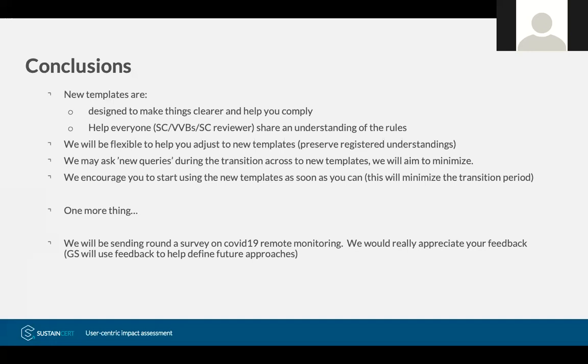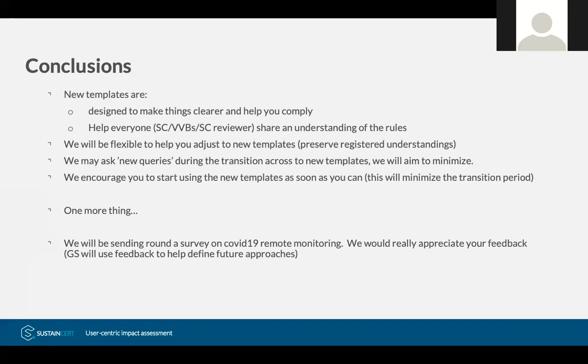One of the key points as well is that we will be flexible to help you adjust to the new templates and preserve registered understandings, as long as integrity is not compromised.